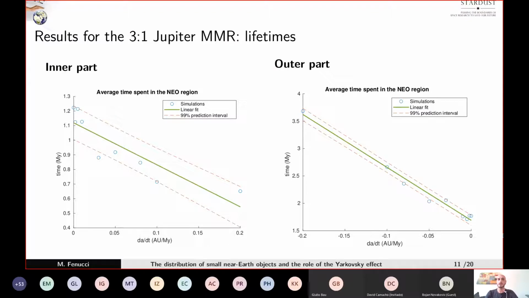On the other hand, for the outer part, the drift is negative because objects have to come close to the 3-to-1, so the drift should be negative. And here we can see that as the magnitude of the Yarkovsky drift increases, so we have to read this plot from the right to the left, the lifetime also increases. And we can also appreciate the fact that these changes are fitted very well linearly with the magnitude of the Yarkovsky drift.